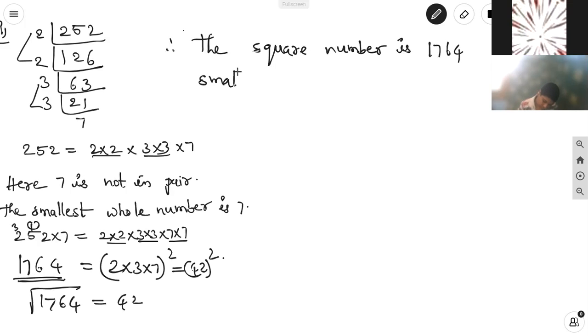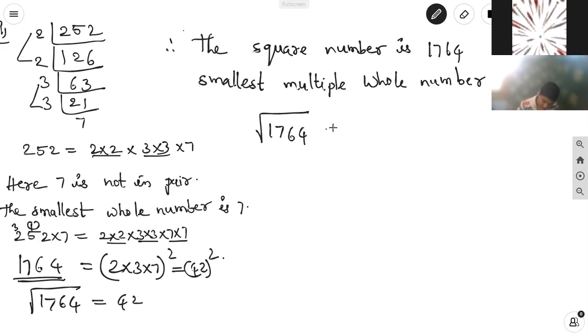Smallest multiple whole number is 7, and the square root of 1764 equals 42. They are asking these three numbers.